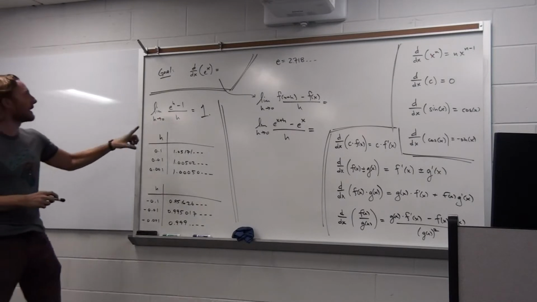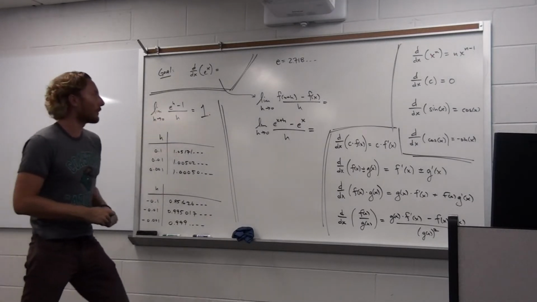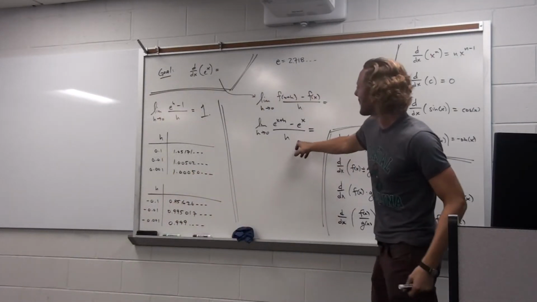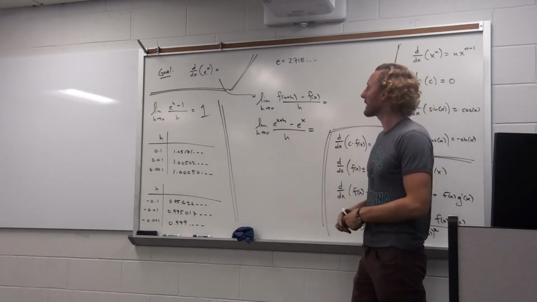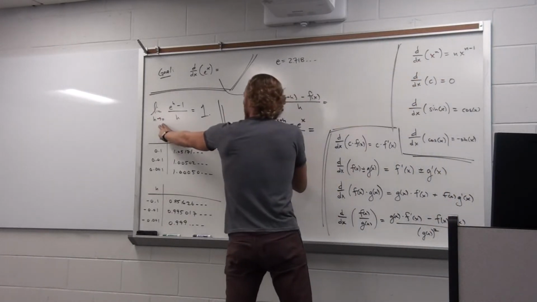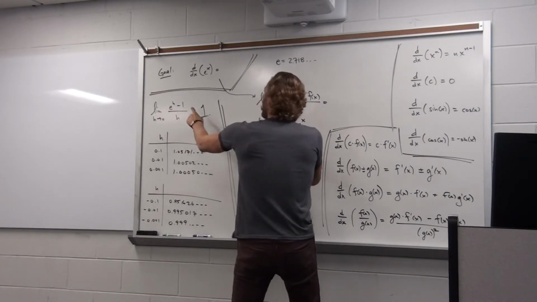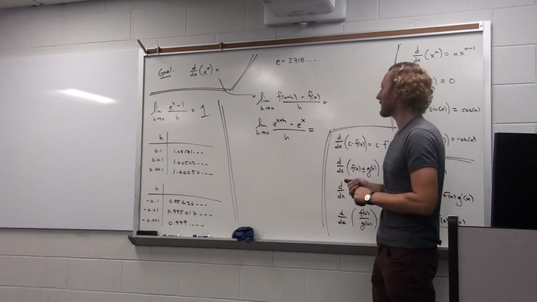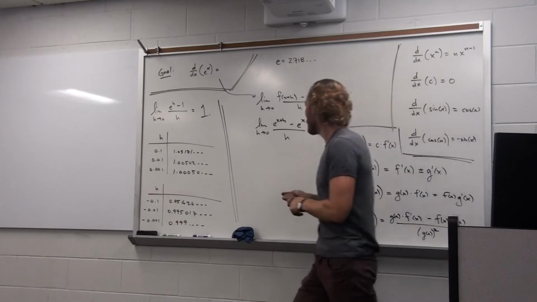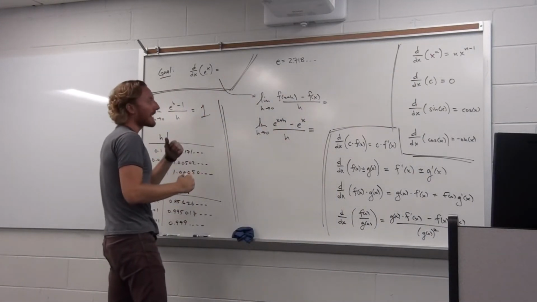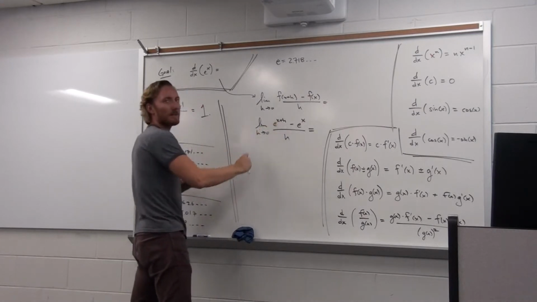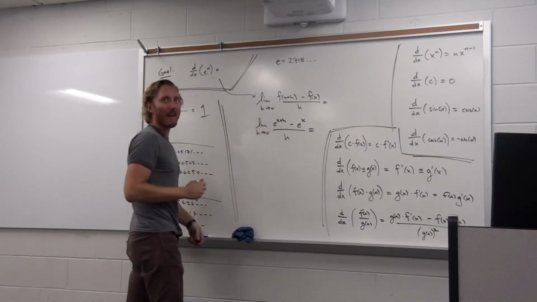Now that limit is e to the h minus 1 over h, and when you look at the limit that we've got here, it's similar, but not exactly the same. h is approaching 0, we've got an h downstairs, but what we have upstairs is not precisely the same. What we do have, though, is e to the x plus h. Now think about what that is. That's e times itself x times, and then e times itself h times.